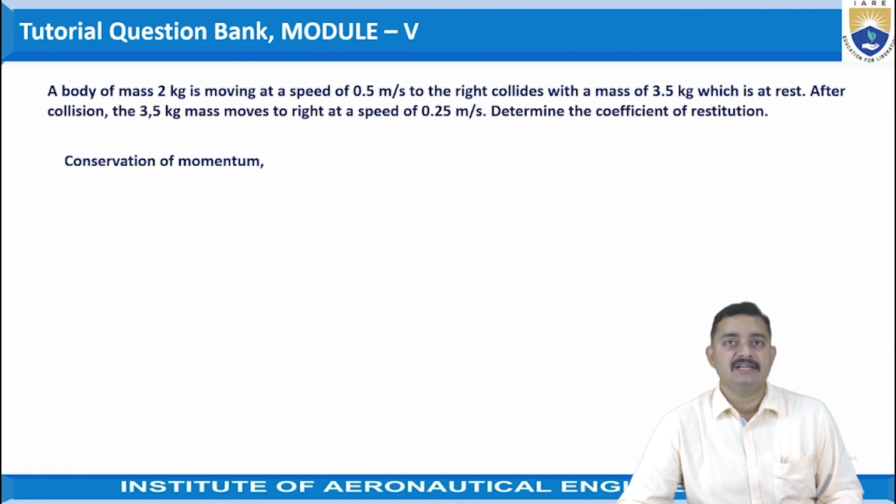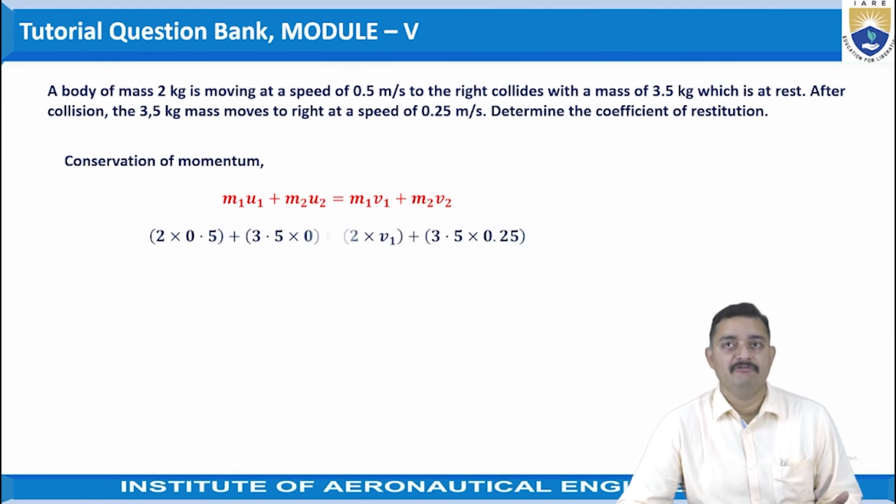So here the conservation of momentum principle is used for identifying the coefficient of restitution e. If we apply m1 u1 plus m2 u2 is equal to m1 v1 plus m2 v2, wherein m1 and m2 are the masses of the bodies, u1 and u2 are initial velocities of body 1 and 2, and v1 and v2 are the final velocities of body 1 and 2.